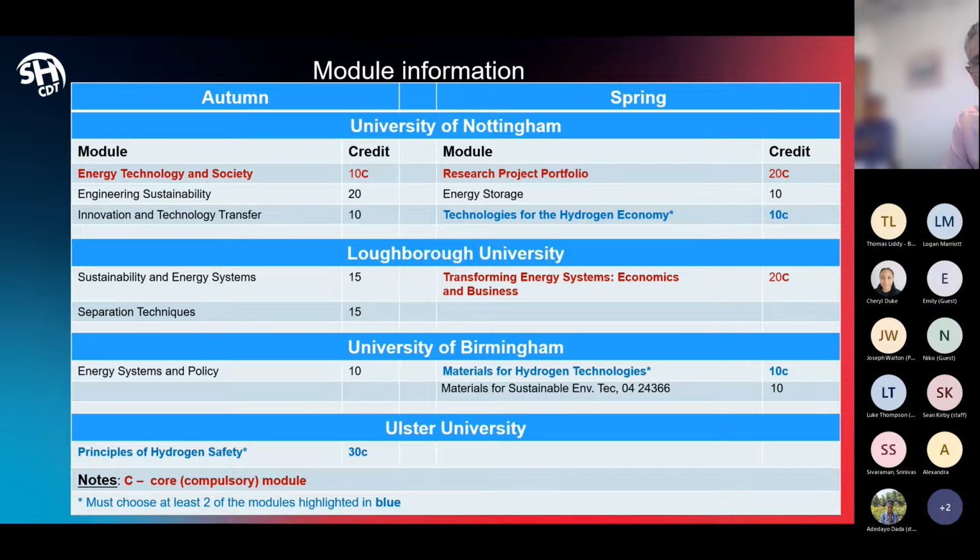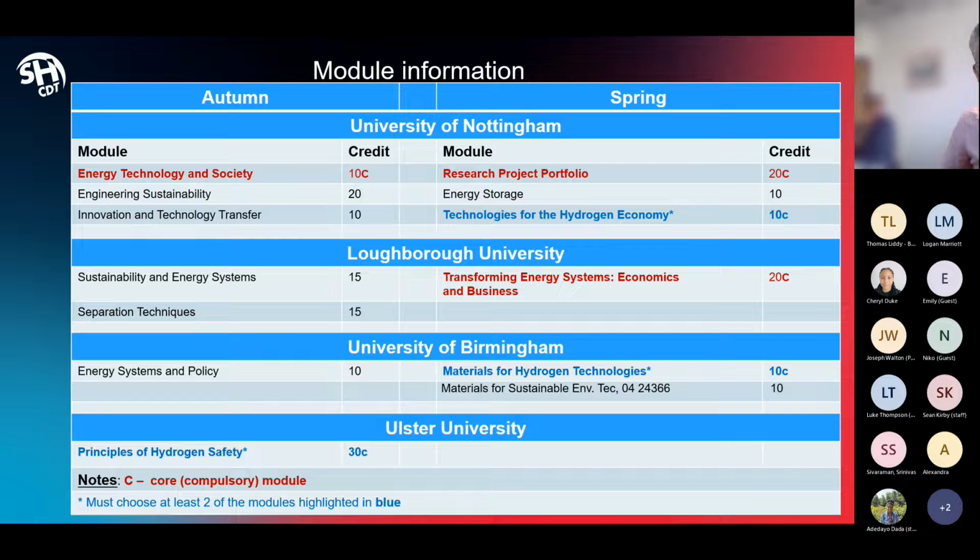So across all of those core and flexible core modules, that will give you some exposure to the technology side, science and engineering, some social science, and also some economics, and also research skills as well.